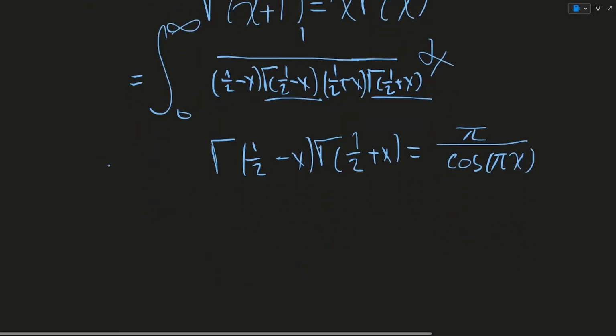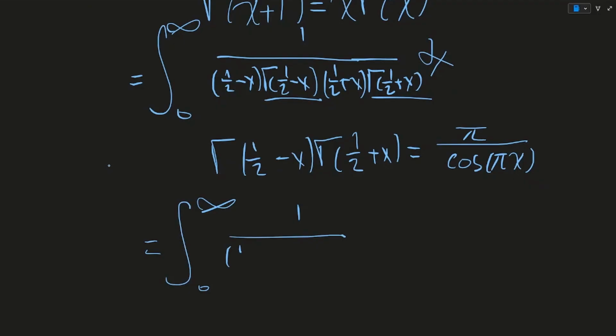And so we can substitute that into our integral as follows. We have the integral from 0 to infinity of 1 over (1/2 minus x) times (1/2 plus x) times pi over cosine of pi times x.